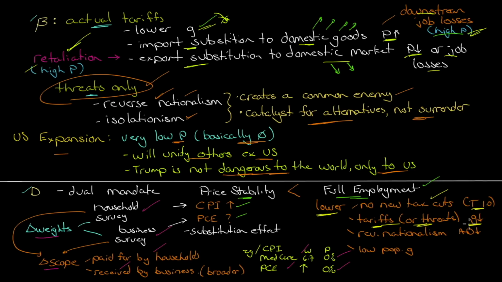But there will be retaliation, and even if there are no tariffs, you'll still get the goods coming in the country, but other countries will still hold to their anti-American sentiment on their purchase decisions. And once you change consumer behavior, it's brutally hard to change it back, right? This reverse nationalism, drop in aggregate demand, and low population growth because, hey, you're stopping people at the border who were otherwise coming in.